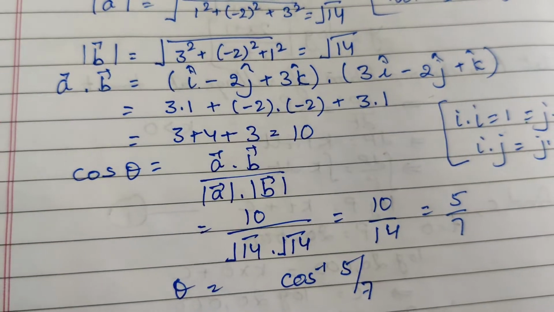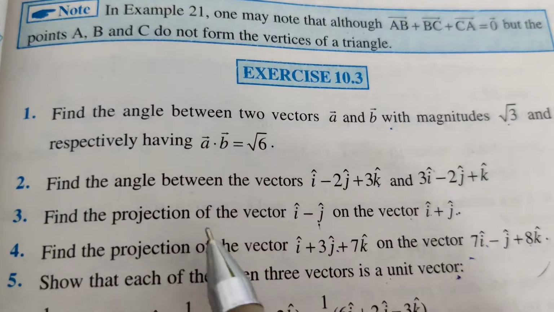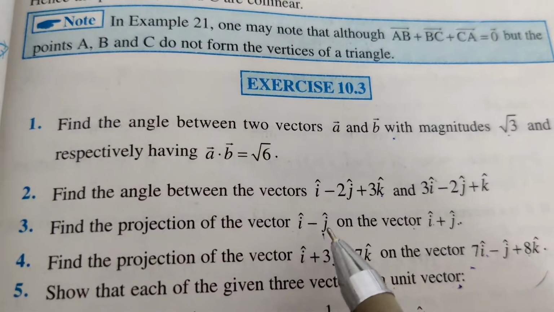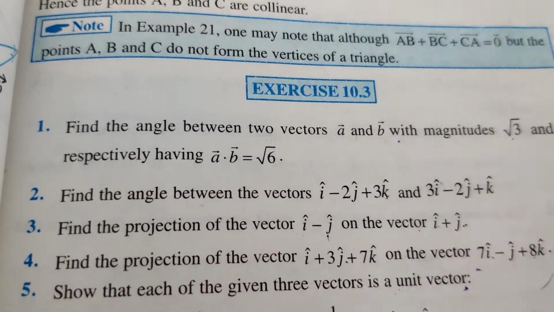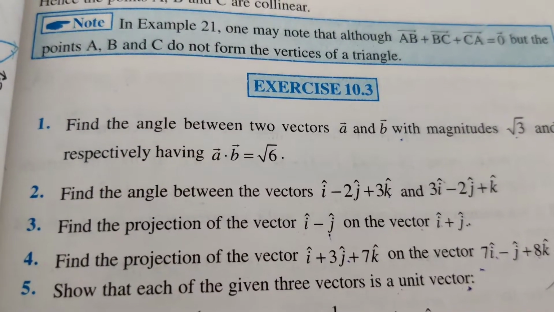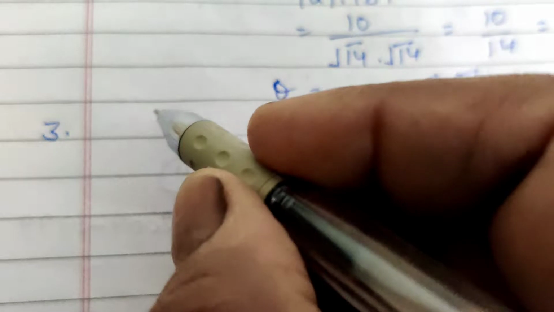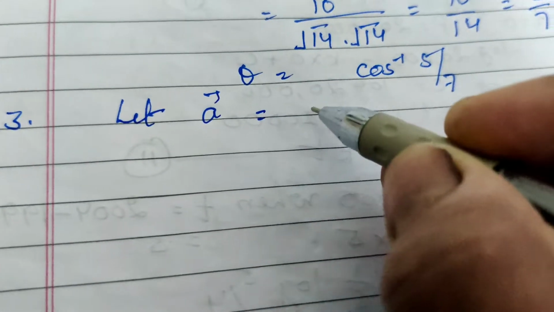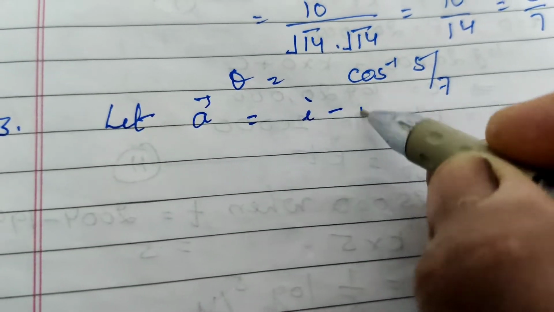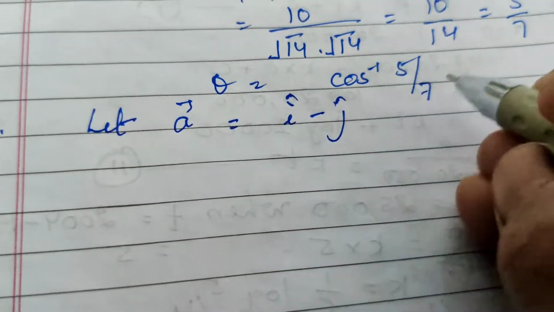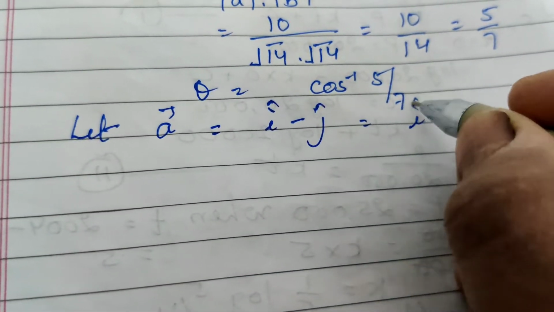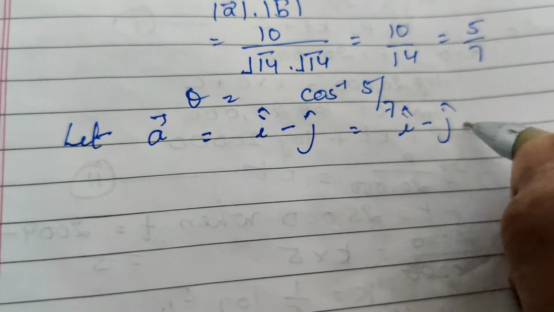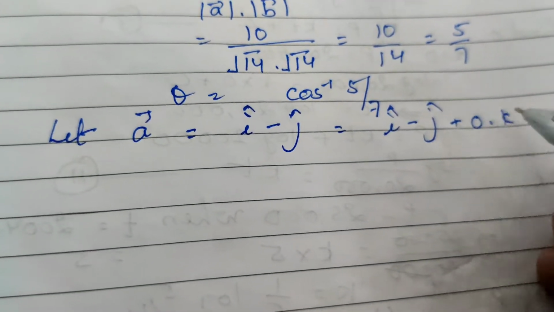Okay. Question number 3. Find the projection of the vector i minus j on the vector i plus j. Let first vector A equal i minus j. So we can write i vector minus j vector plus 0 dot k vector.